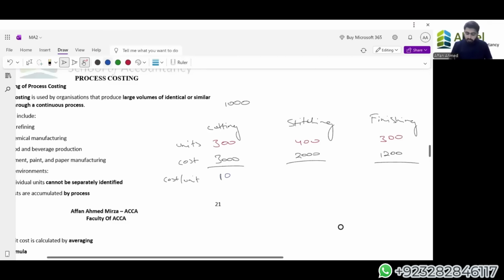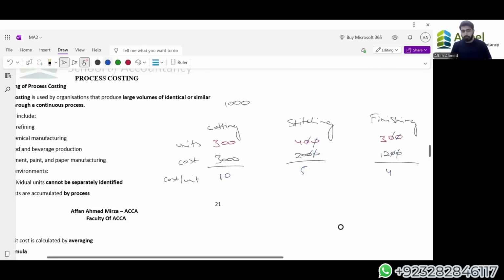Then 2000 divided by 400 gives 5 per unit. 1200 divided by 300 gives me 4 per unit. So the cost of producing one unit in cutting is 10 rupees, stitching is 5 rupees, and finishing is 4 rupees.